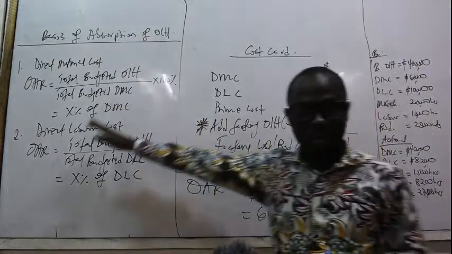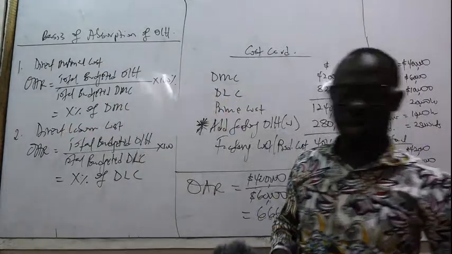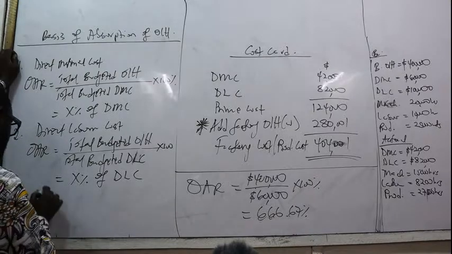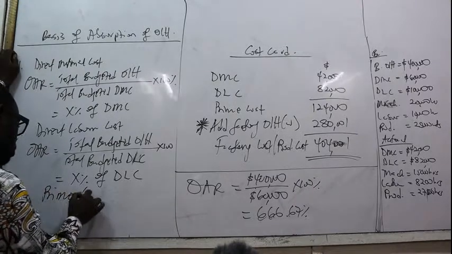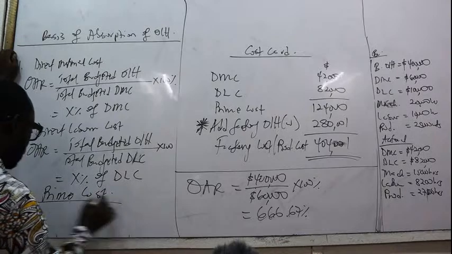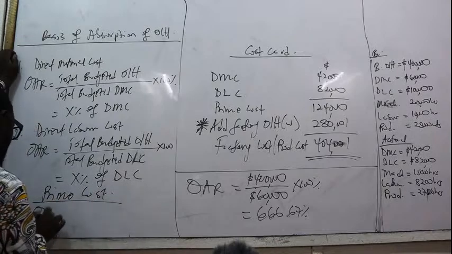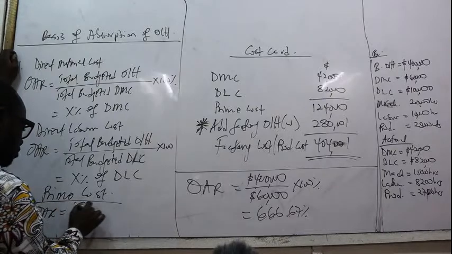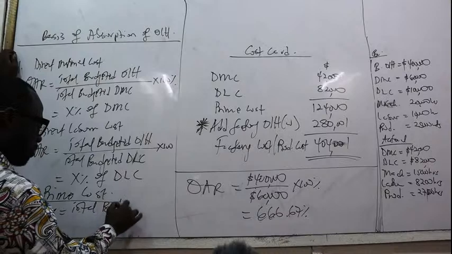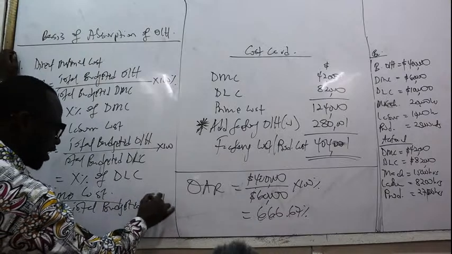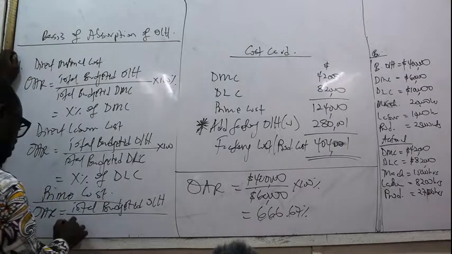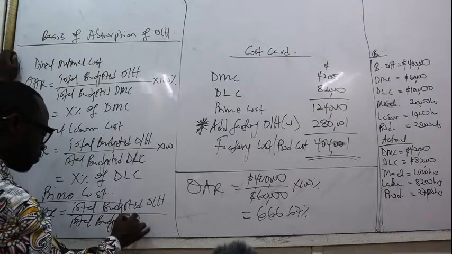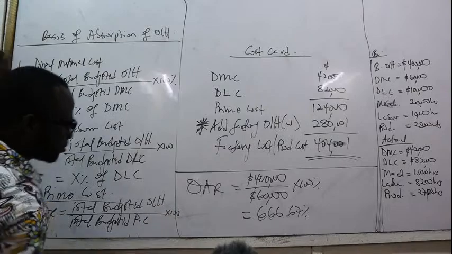So that is it about direct labor cost. Then we come to the third one, and that is prime cost. With prime cost, the numerator for the overhead absorption rate is going to be the same: total budgeted overheads divided by total budgeted prime cost times 100.